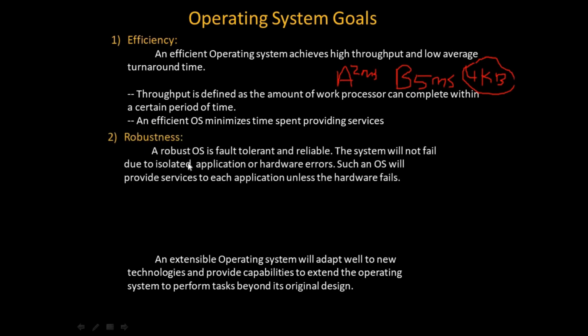The second is robustness. A robust operating system is fault tolerant and reliable. The system will not fail due to isolated application or hardware errors, such as an operating system will provide services to each application unless the hardware fails. So here we see that a robust operating system is very fault tolerant and reliable, and in no situation will this operating system fail due to application or hardware errors.